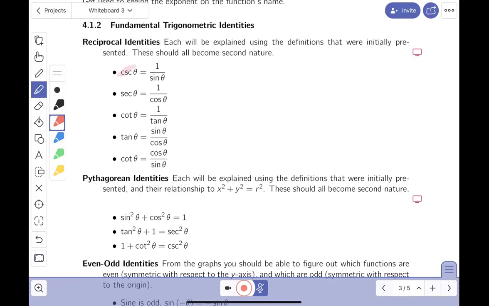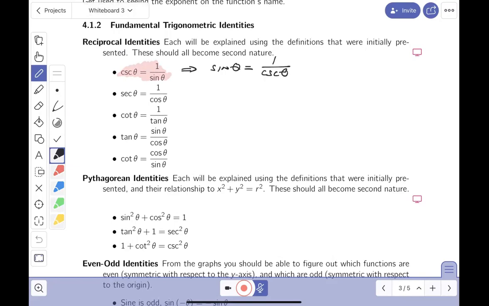That's what it says right over here. But I could also write that down a different way, which may seem bizarre to you. I could simply say the sine of theta is the same thing as 1 over the cosecant of theta. They're reciprocals.